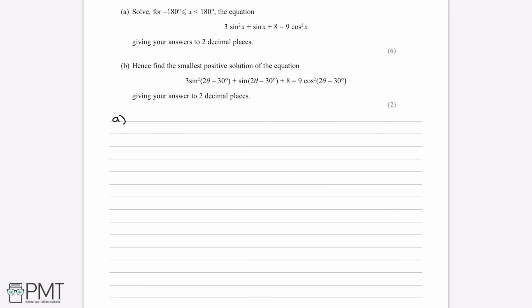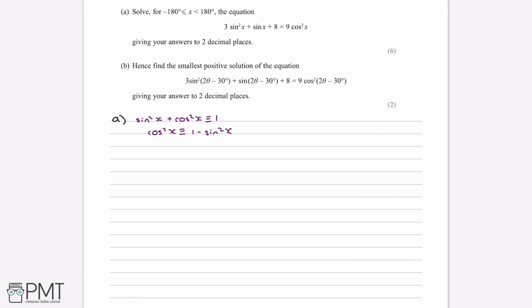So we know the identity sin²x + cos²x is identical to 1. And therefore, cos²x is identical to 1 - sin²x.